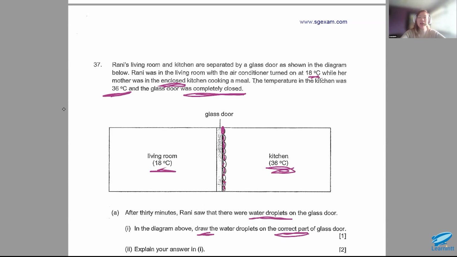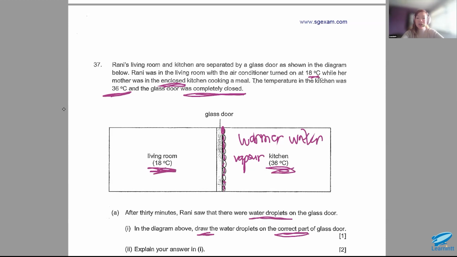Now, when the kitchen is in 36 degrees Celsius, what will happen to the surrounding air? They will have a similar temperature. So it will be warmer water vapor. That is for sure. Because the surrounding air is so warm, that's why you feel warm if you're in the kitchen, right? On the other end, the living room, it will just be 18 degrees Celsius.